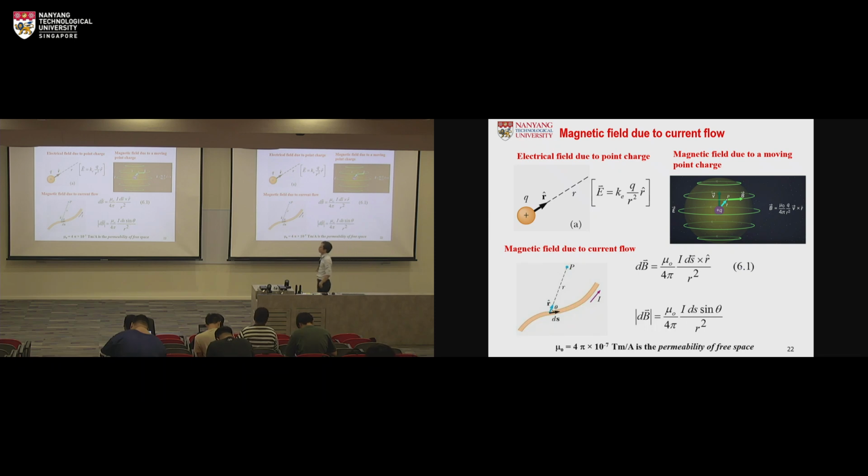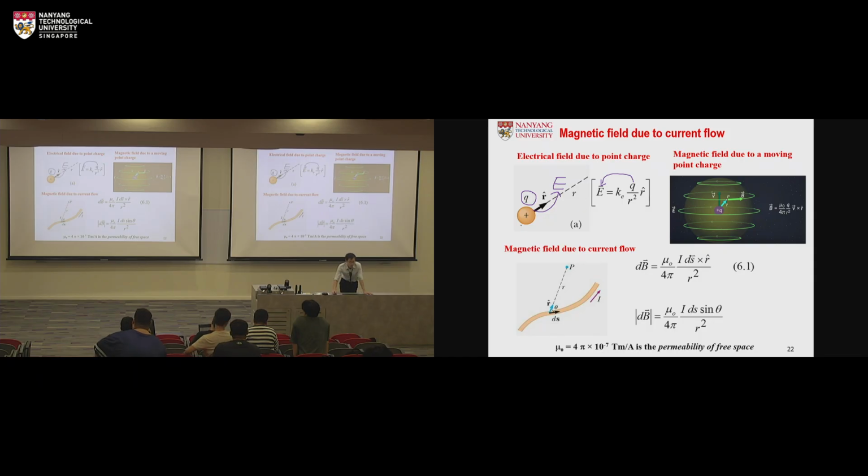Okay, the starting point, again, is to compare with the electric field E. E starts from Q, right? E comes from Q, and this is a formula. Here, whether Q is static or moving doesn't matter, right?